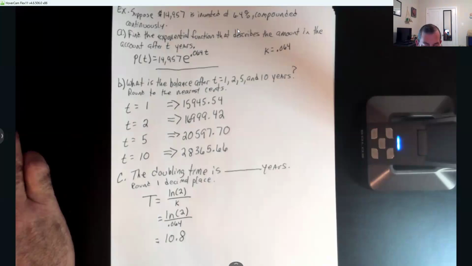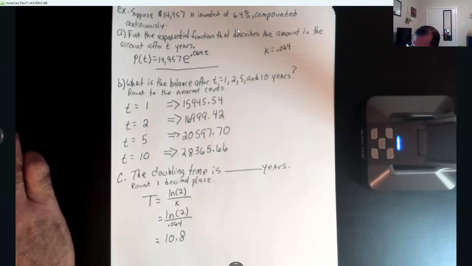So for this next example, the number of books in a small library increases according to the formula. So they're giving us our formula.